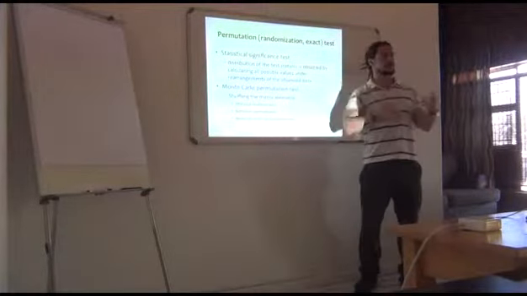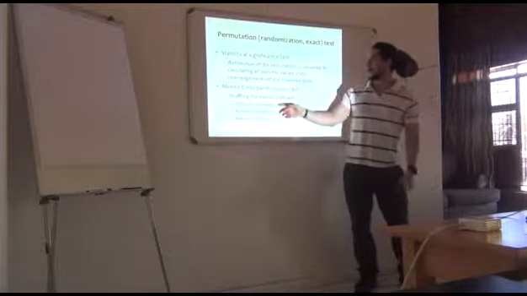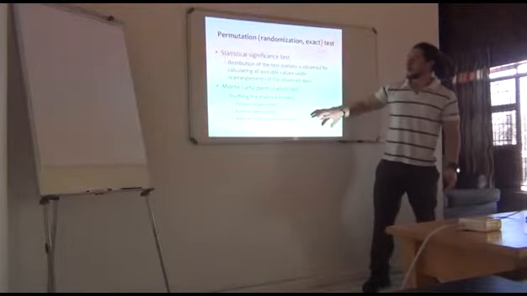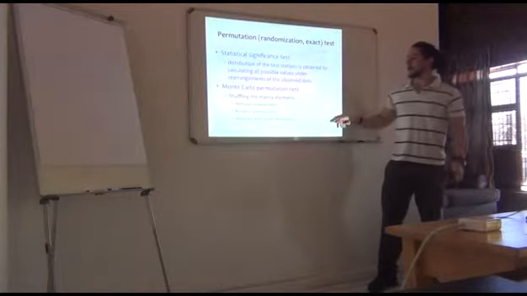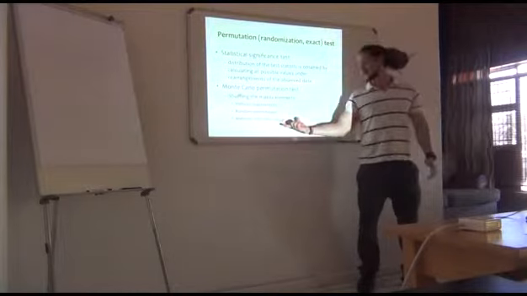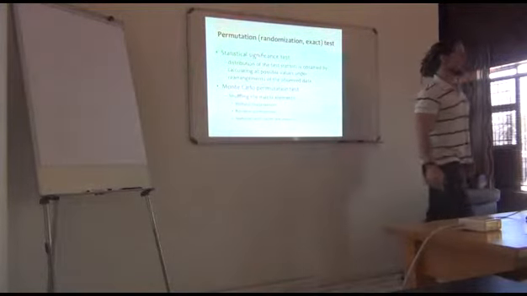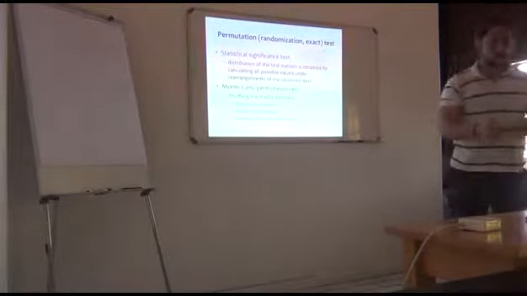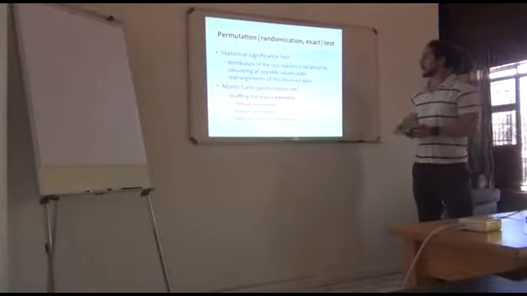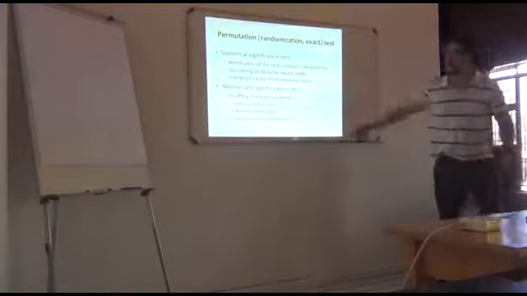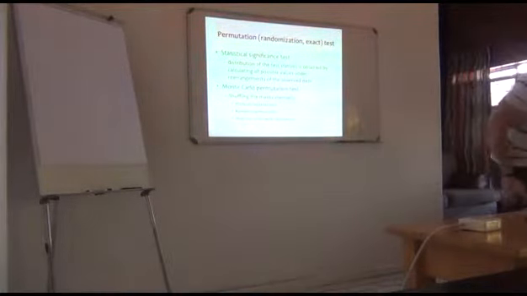We can just shuffle at random, without replacement, and the new matrices we're going to generate will have the same dimensions as the observed one. So we can either do this on the raw data, on the group by individual matrix, or on the association matrix.